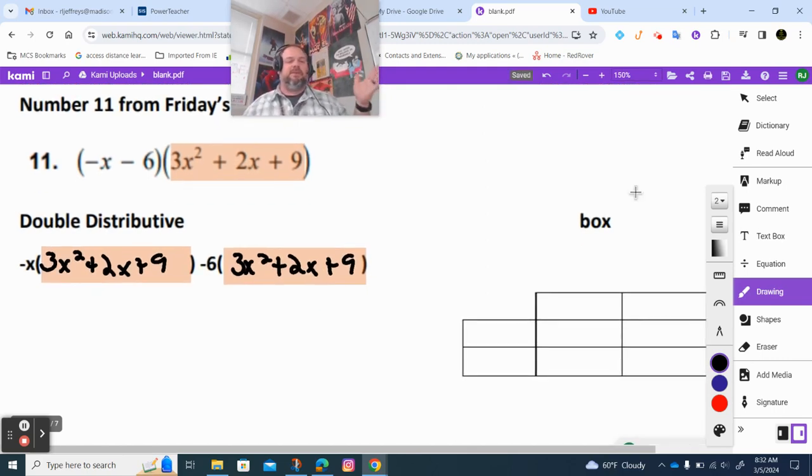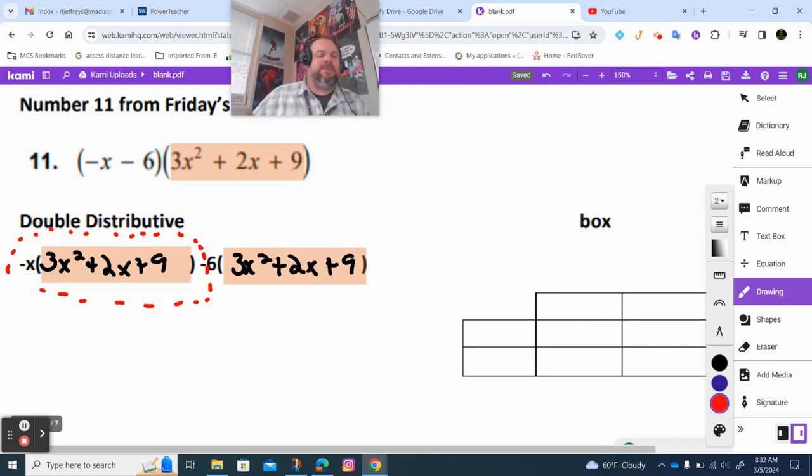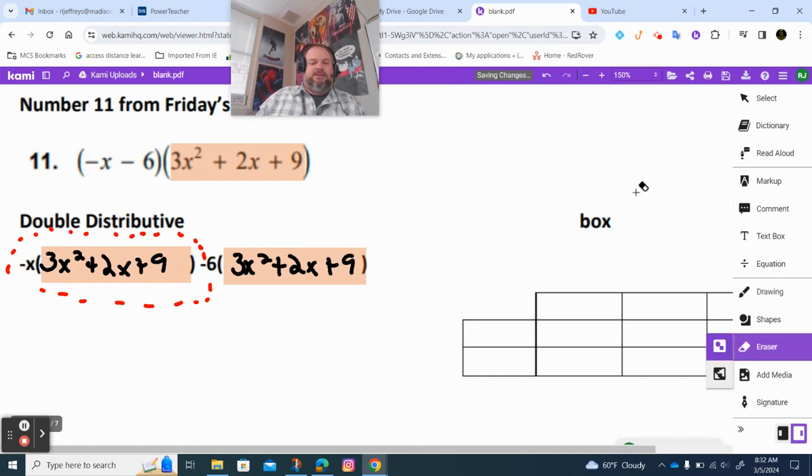These are the problems we had to introduce us to stuff on Friday, multiplying numbers, adding the exponents to the variables. So this kind of breaks it down a little bit, so it's easier to understand.